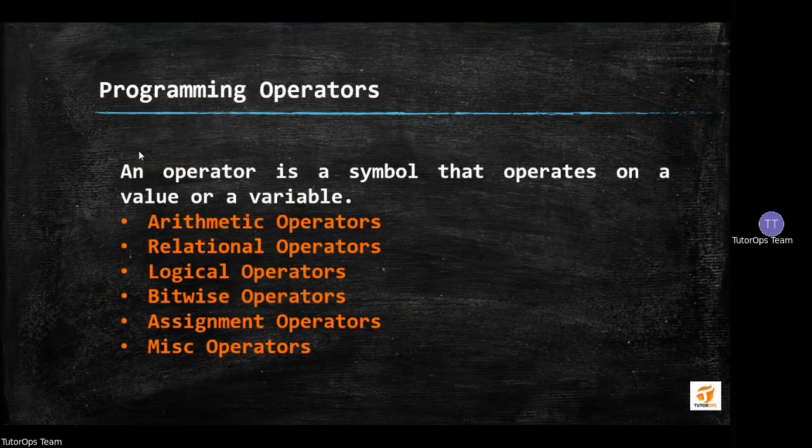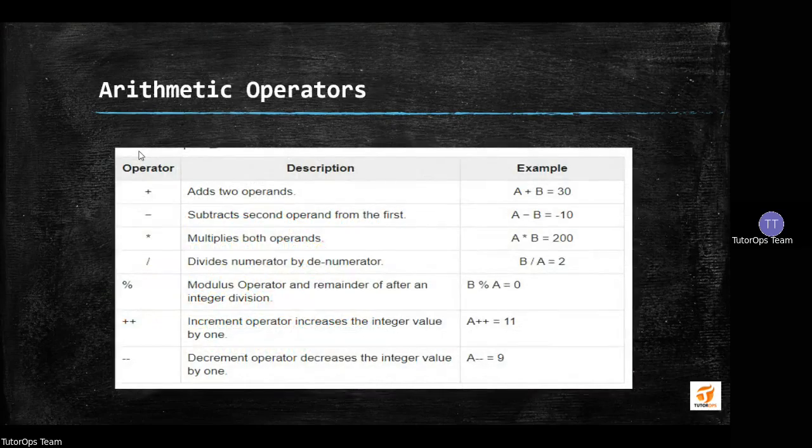Now let's come over to programming operators. They have arithmetic operators, relational operators, logical operators, bitwise operators, assignment operators, and miscellaneous operators. Arithmetic operators are the same as in our mathematics: plus, minus, multiplication, division, modulus, then the increment operator and decrement operator.